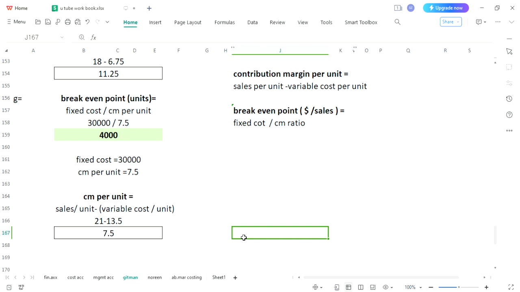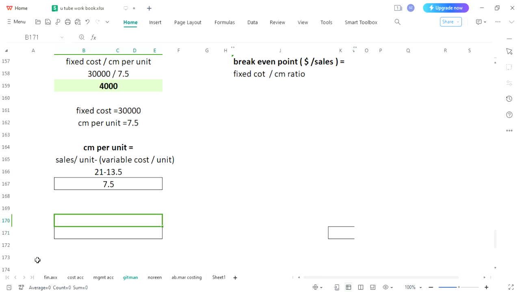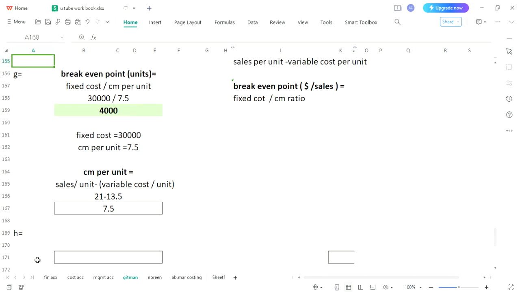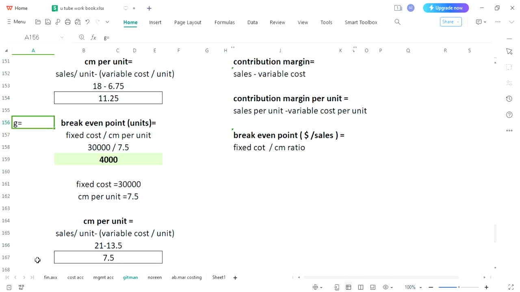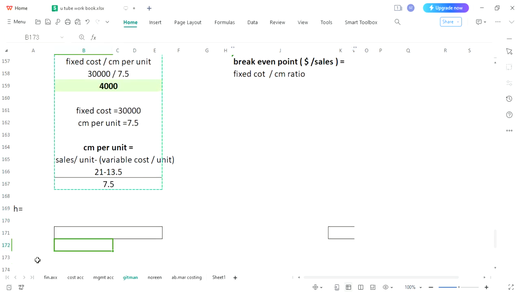The next step is to see for the FGH firms, I think. And let's save time, and whatever you will be doing over here, you will be doing the same for firm H as well.